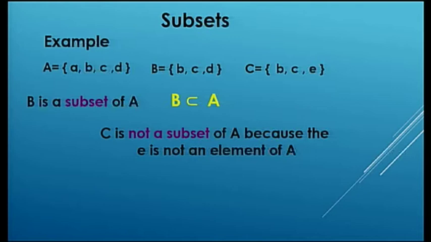But here, although we have the letters B and C, the letter E, which is present in C, does not come from set A. So C is not a subset of A. In set notation, we write the symbol for subset, then we put a slash on it. Remember that this symbol stands for not a subset of.